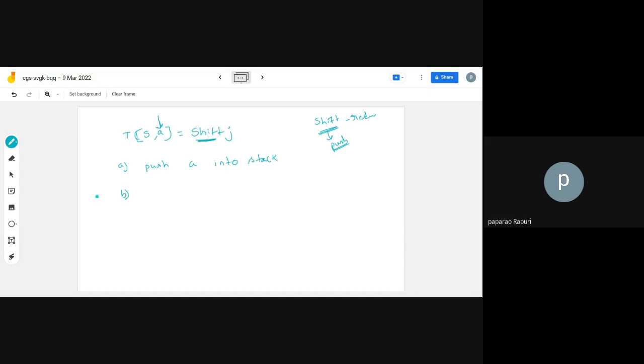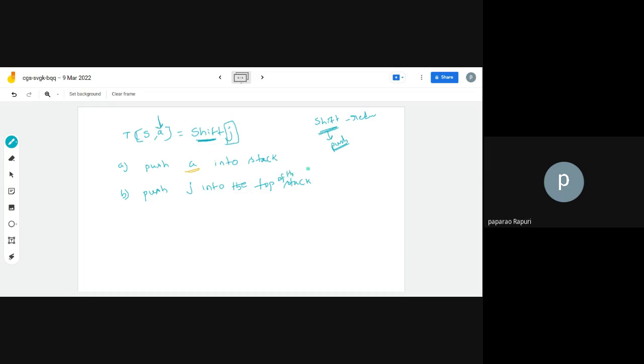After that, we have to do one more thing: we need to push J onto the top of the stack.